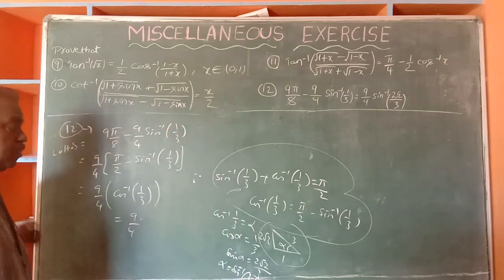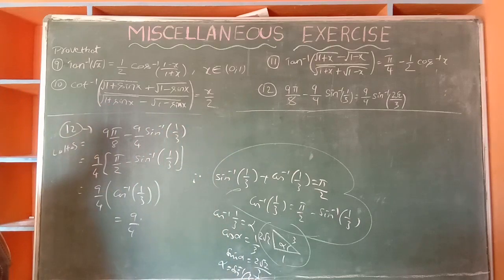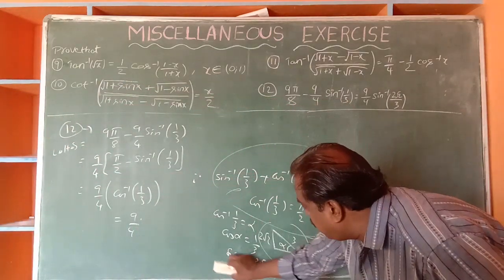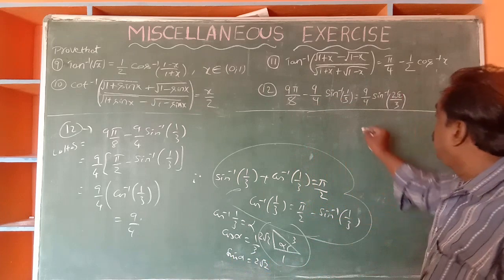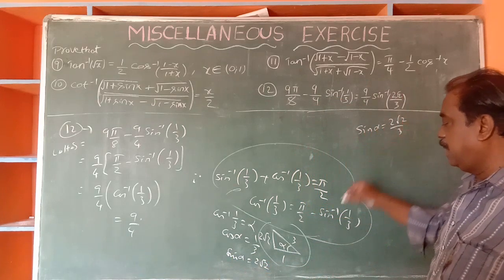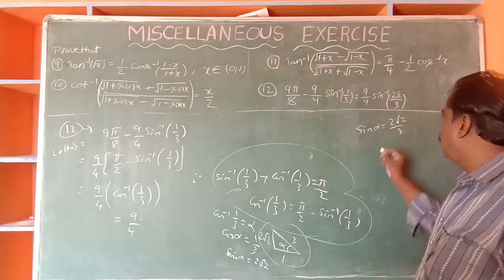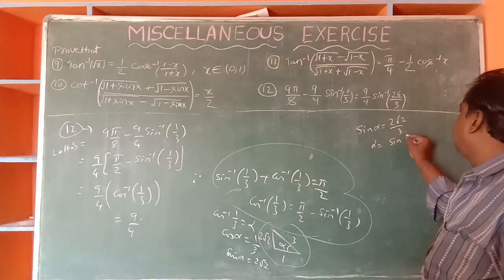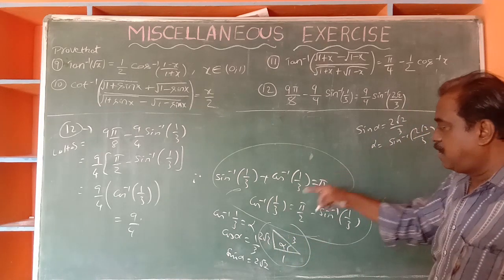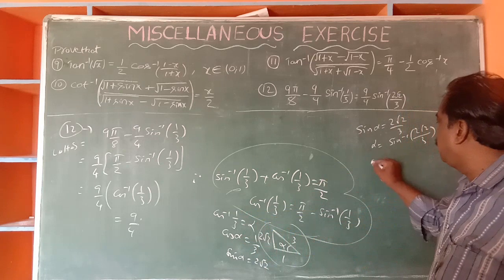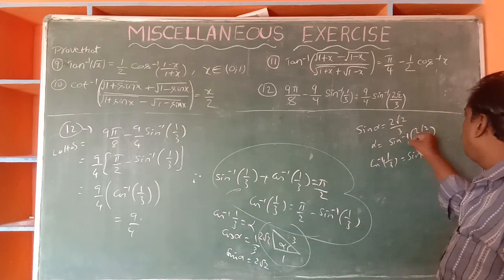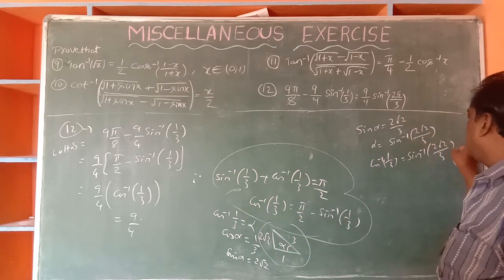If it is not clear, I will tell it here. Sin alpha is 2√2/3, opposite side by hypotenuse. So alpha is sin⁻¹(2√2/3). Alpha, which is cos⁻¹(1/3), is nothing but sin⁻¹(2√2/3).